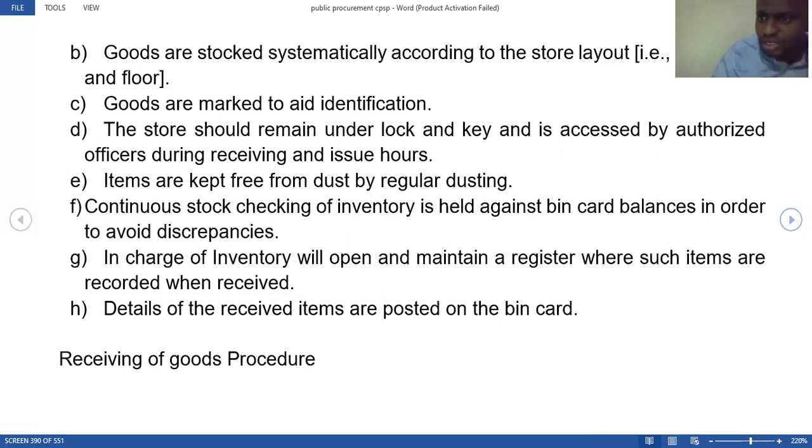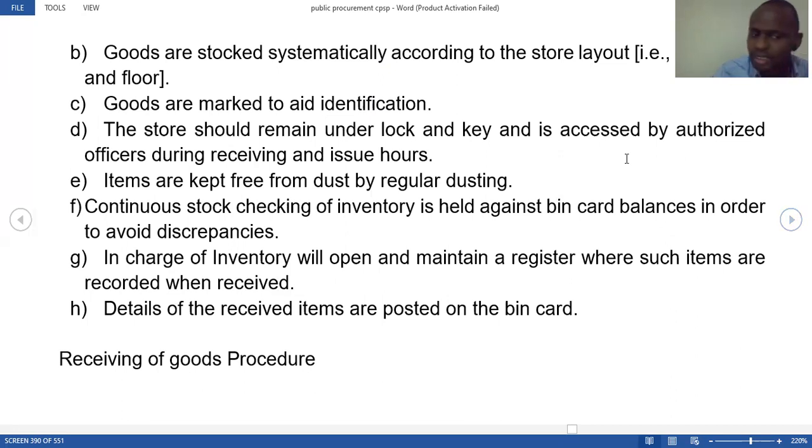Different organizations have different receiving procedures, but they differ maybe a little bit, but the process is still the same. It also depends on the firm or the industry. What are you dealing with?